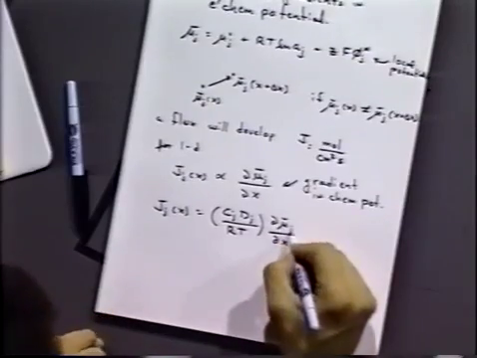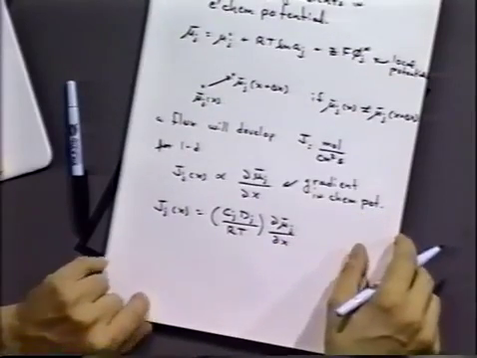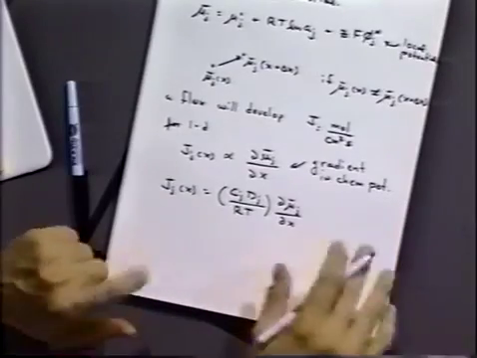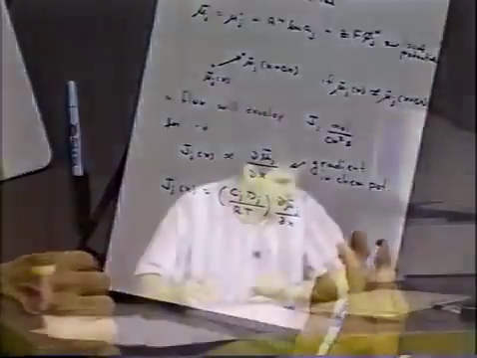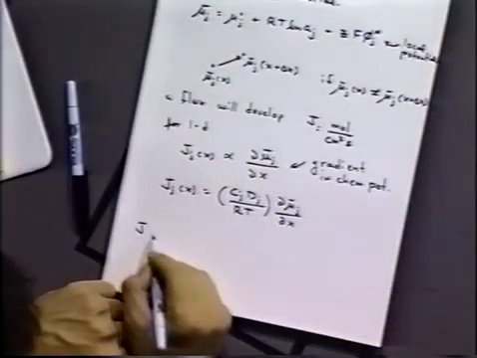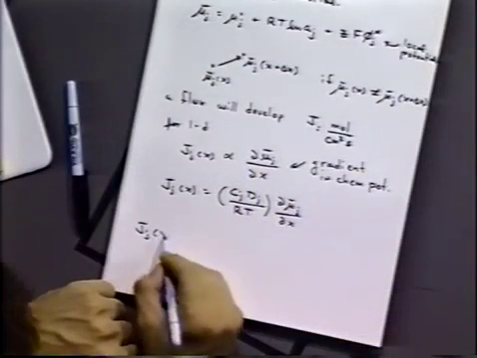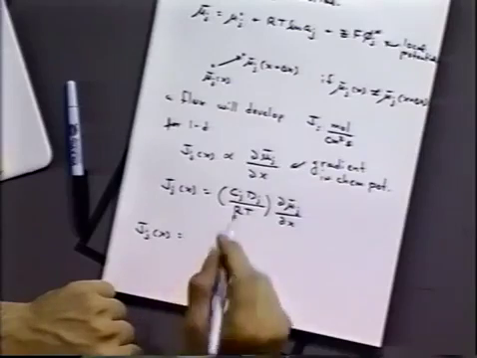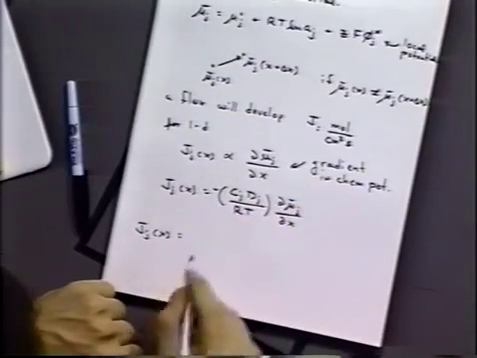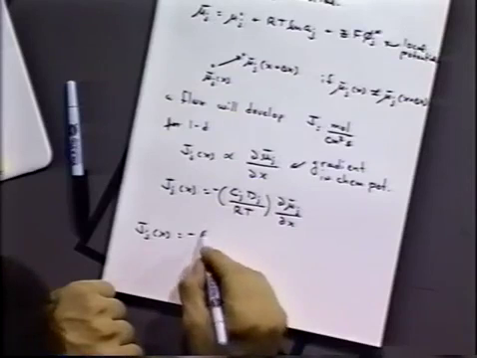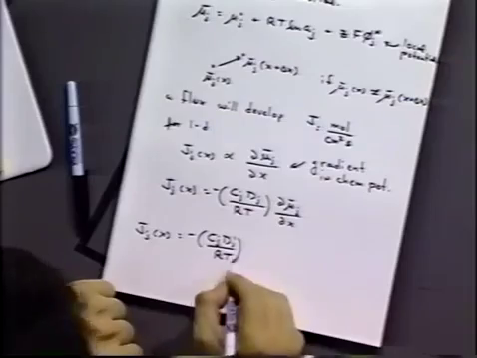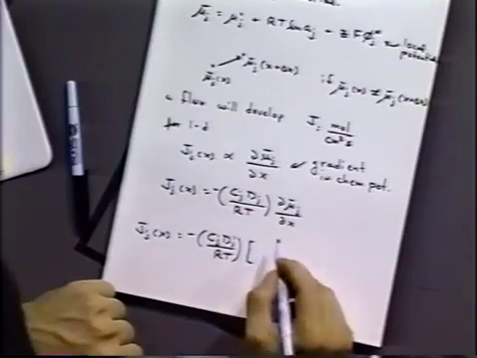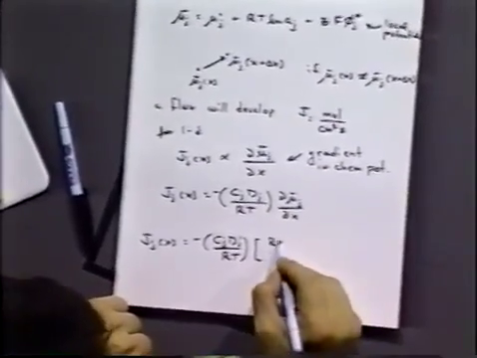Well, we can't really get the electrochemical potential directly, so what we'll do is expand that electrochemical potential term into a set of chemical potential terms that includes the electrical potential. So let's do that. Let's make it into a chemical potential set of terms. And we see, oops, I forgot a negative sign up there, that now we've got C sub j, D sub j over RT, times a term that's got the activity in it.